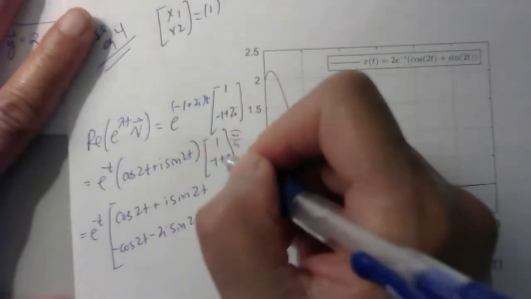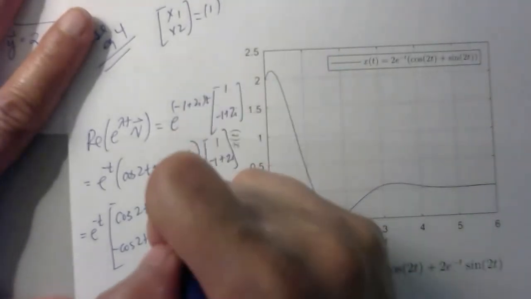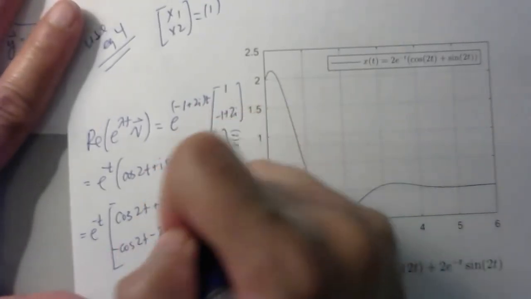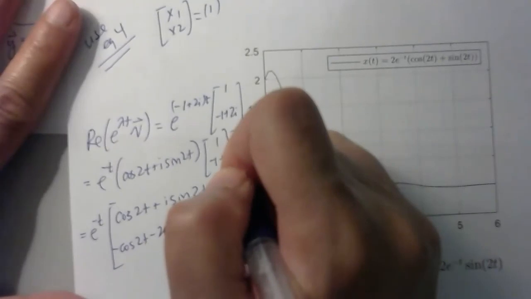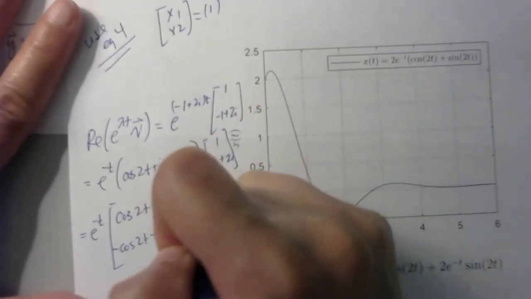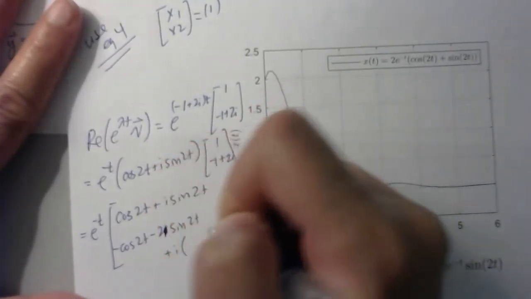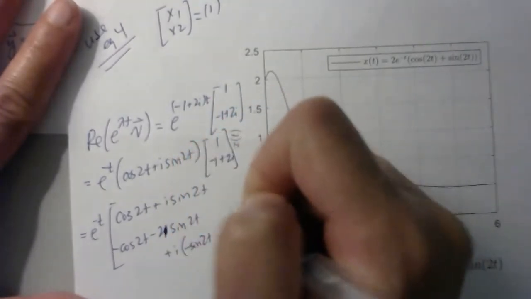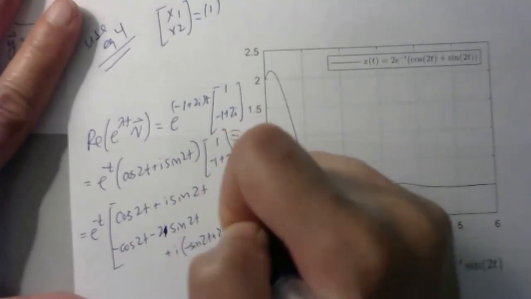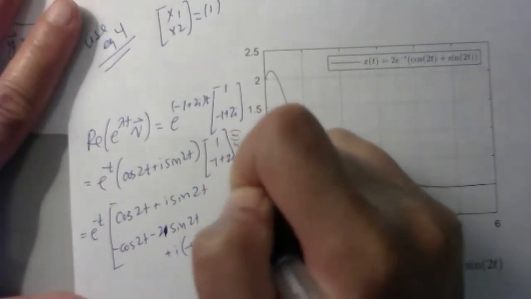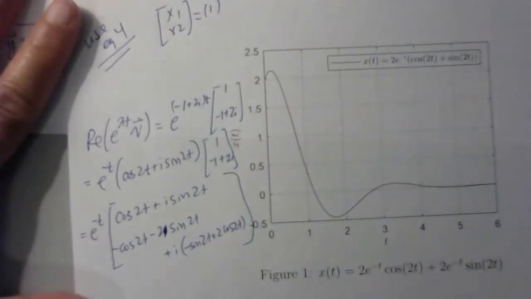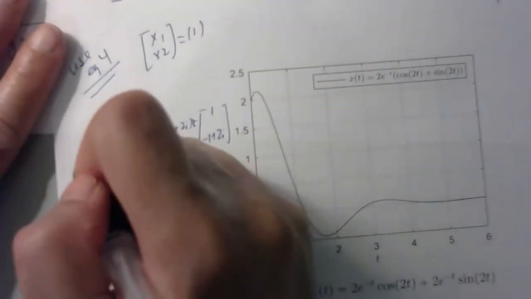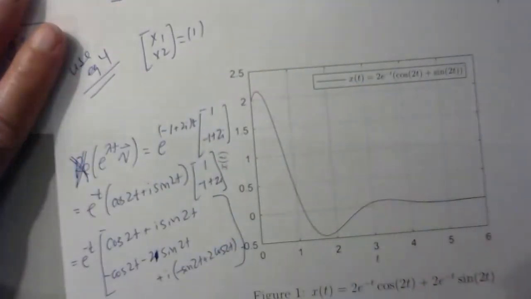Oh wait, sorry, no i. I did the 2i times i sine, so no i. And then plus i times minus sine 2t plus 2 cos 2t. Great. So the solution here, well, I guess this isn't the real part necessarily, this is the whole thing.